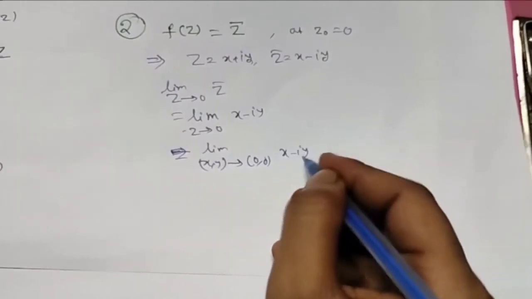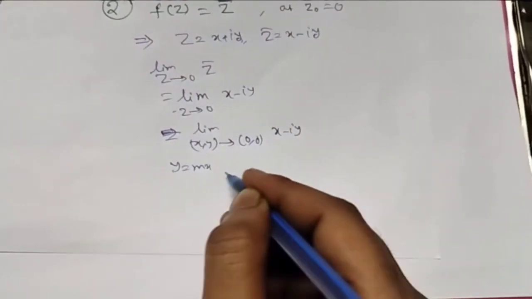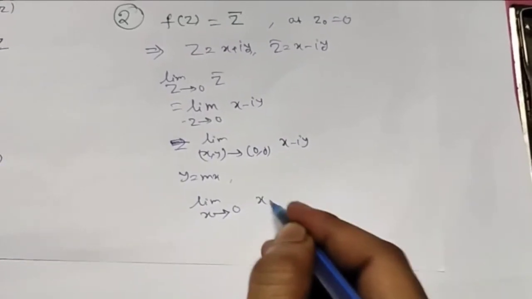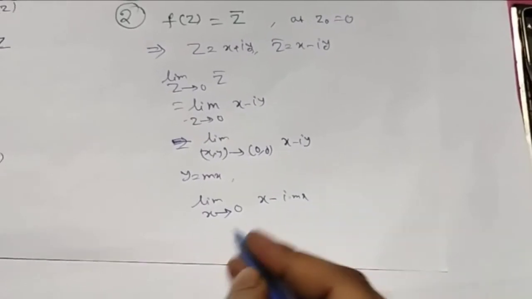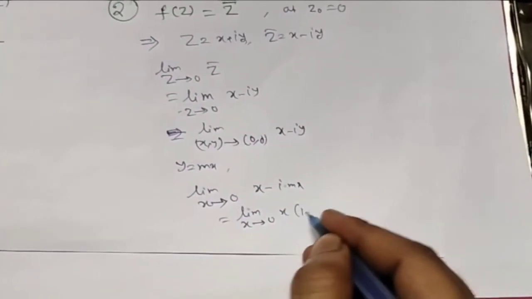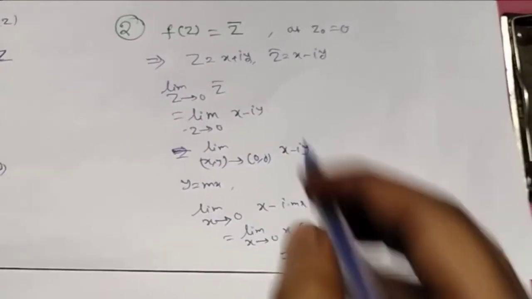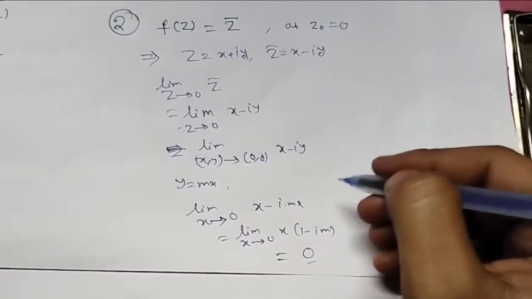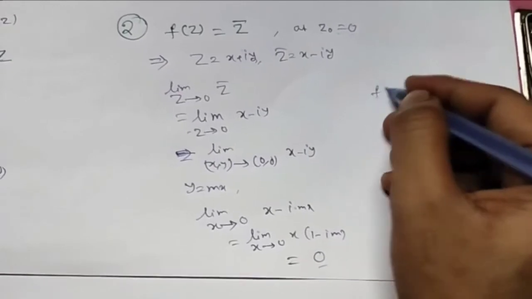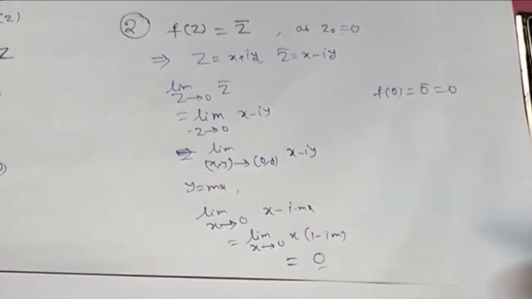Now we put y = mx, then the limit as x tends to 0 of x - i(mx), so x is common and this is x(1 - im). Putting the value of x, it will be 0. So this is also continuous at z0 = 0, since f(0) is 0 bar, which means 0. So this is continuous.